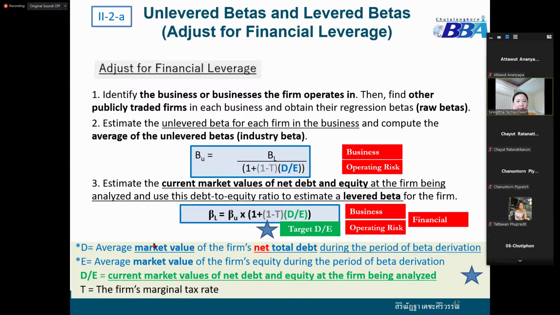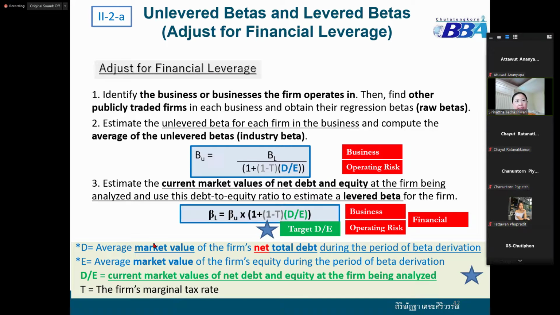For example, if you want to analyze this company, you run a regression model and you have a beta for this company. This beta is based on historical data, so it reflects the risk in the past of the company.